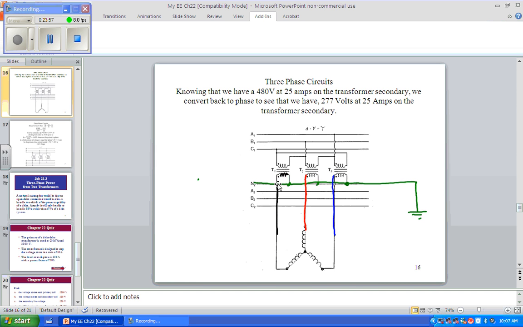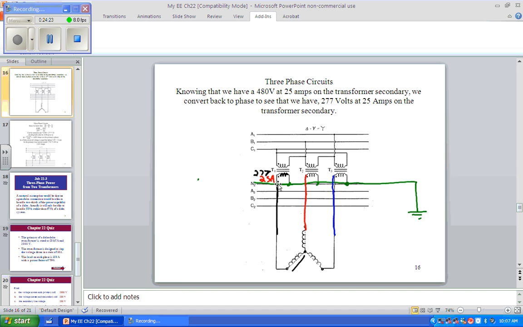We know that we've got 277 volts here, and we have 25 amps of current flow there, right? Because as soon as we convert back to our phases, we're going to have the same as we did down in the phase of the load, because it's YY.